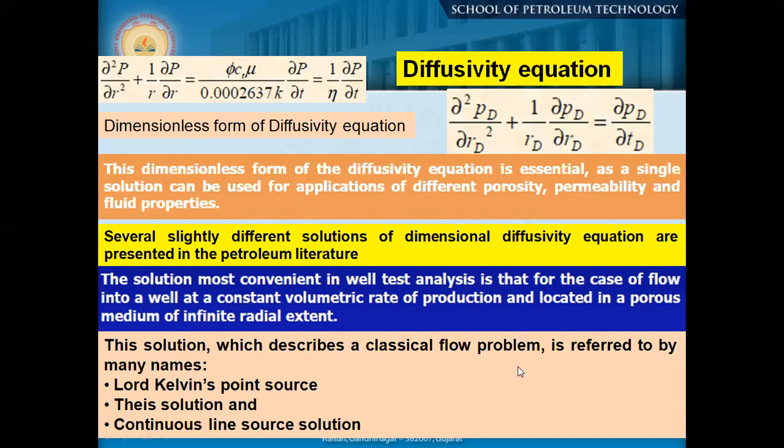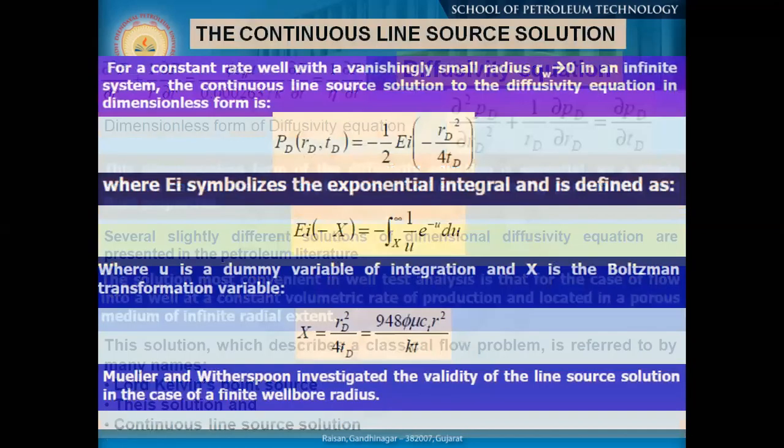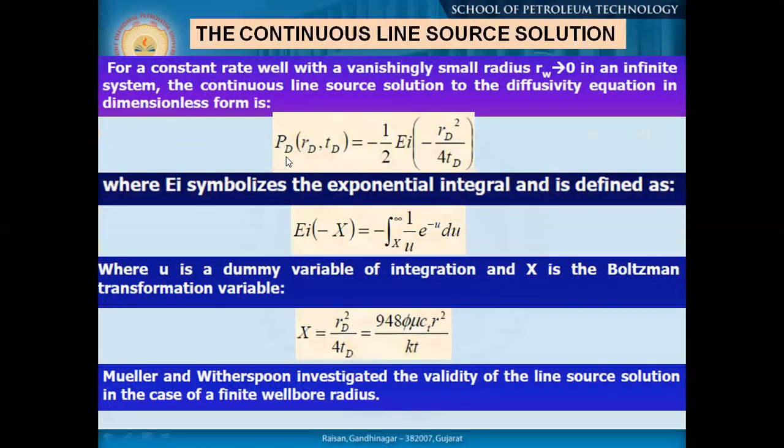So getting the solution of the diffusivity equation is really tough. So we assume something for our reservoir. Okay, so you see here we use the exponential integral. The exponential integral considers many parameters, and there are two parameters, r and t. So when we are performing our well test, a specific pressure will change with respect to radius as well as time.